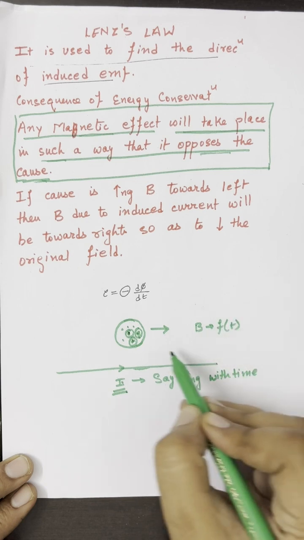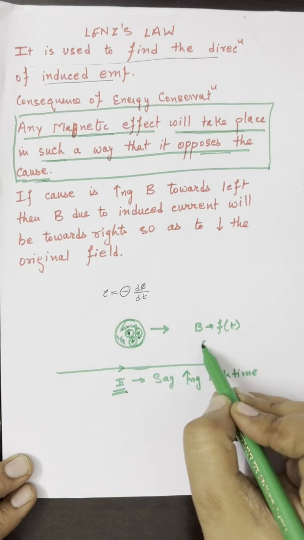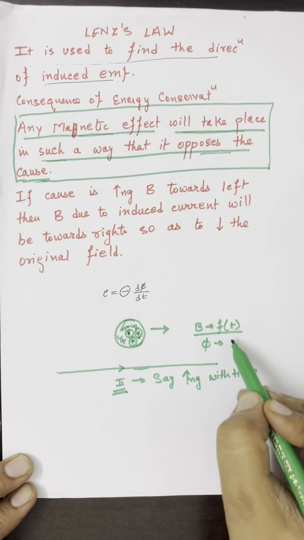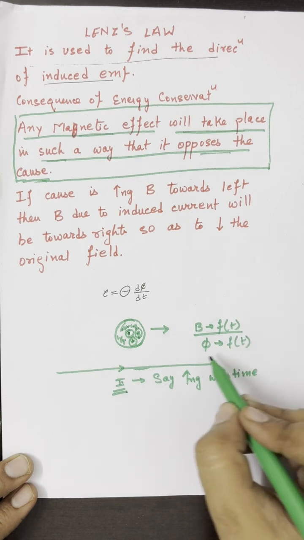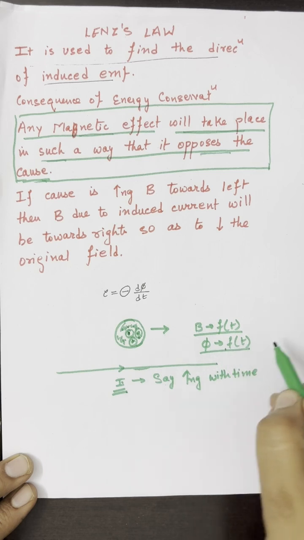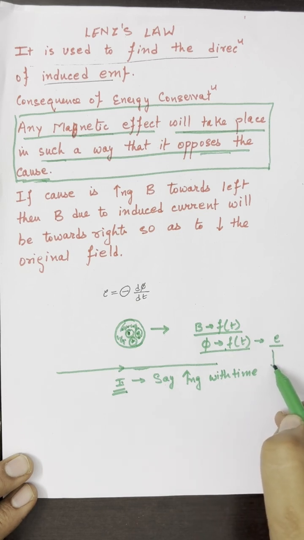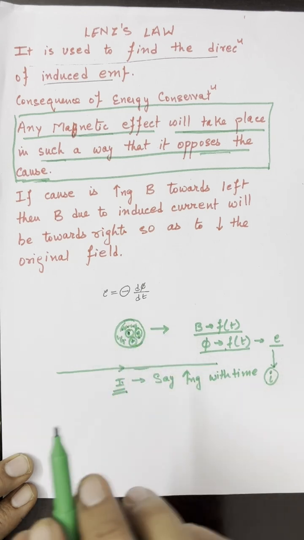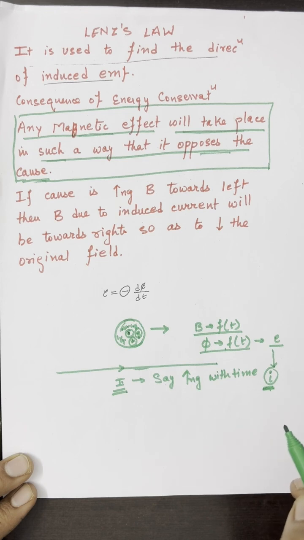Because of this magnetic field, a flux is linked with this loop. It means this magnetic field is varying with time, so the flux is also varying with time. As this flux is varying with time, an EMF is induced, and because of this induced EMF, a current is going to flow in this particular loop. We have to find the direction of this induced current.